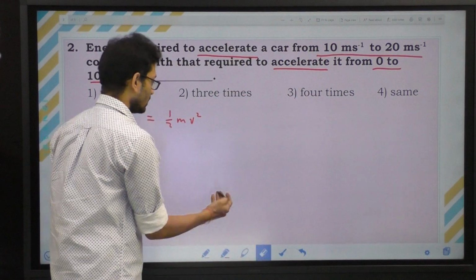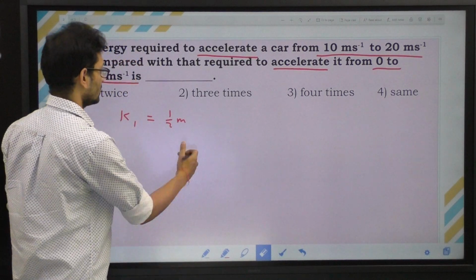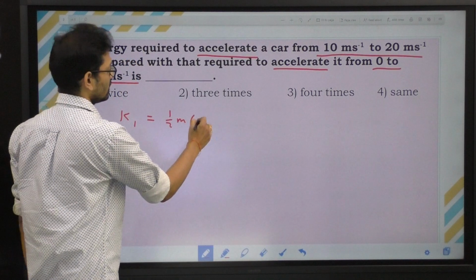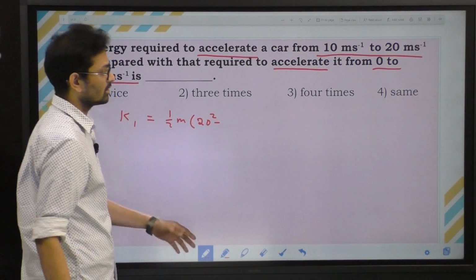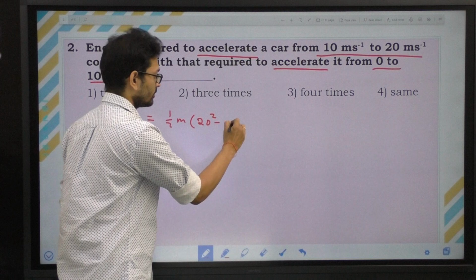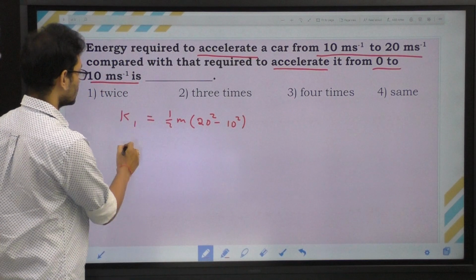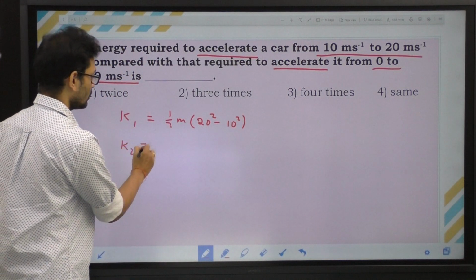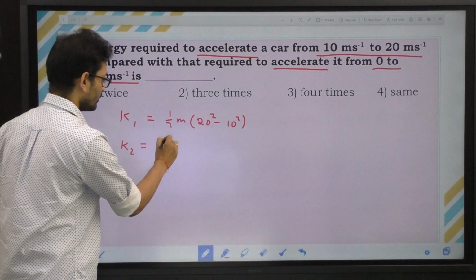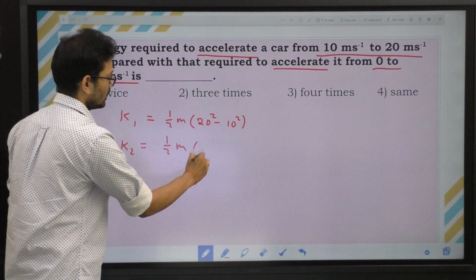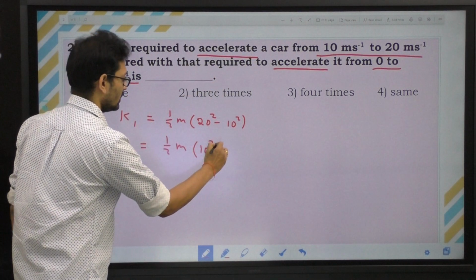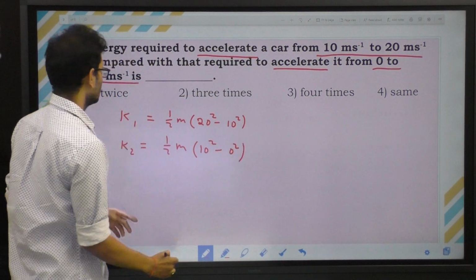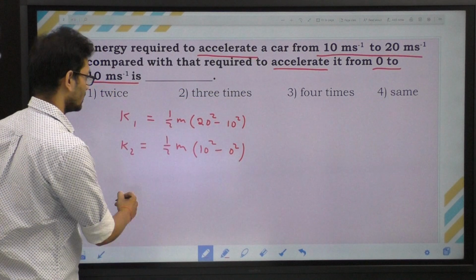So I am going to use v square like this, from final velocity, which is 20 square minus 10 square, and that is k1. And k2 is going to be half m, and final velocity is 10 square minus 0 square. In this case it is 0, so I am taking it as 0.